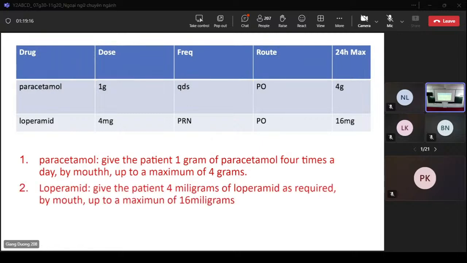And next, 4 milligram PRN as required, PO per oral, by mouth, and 16 milligram, right?